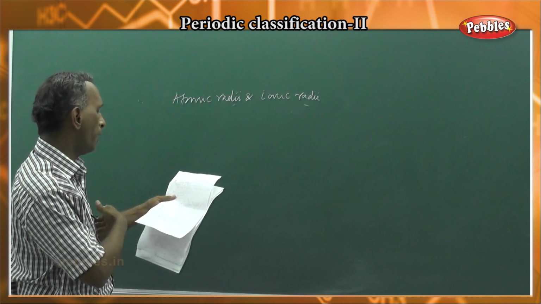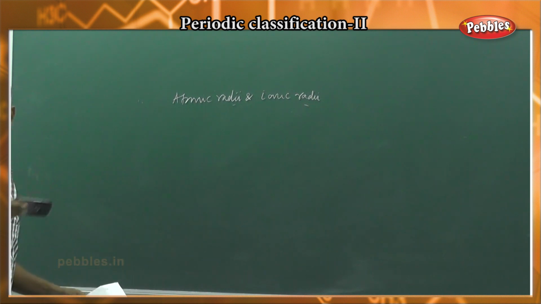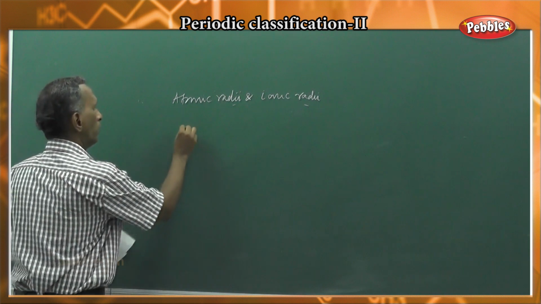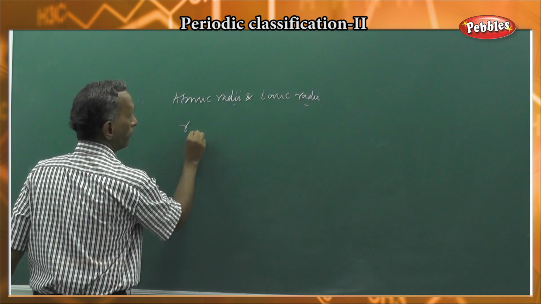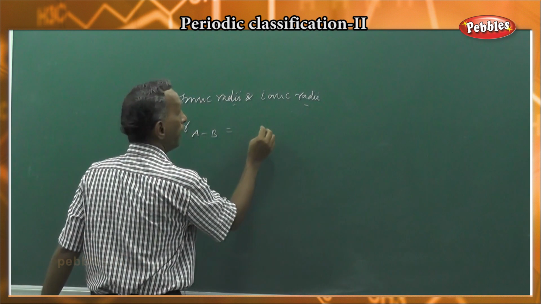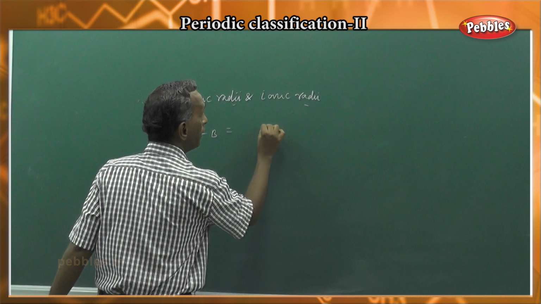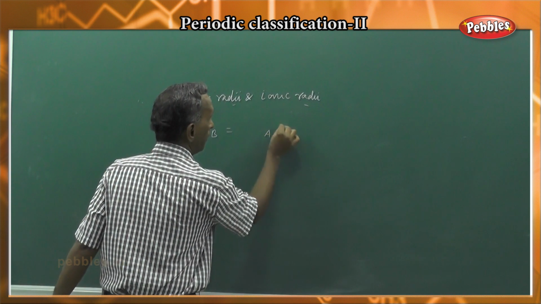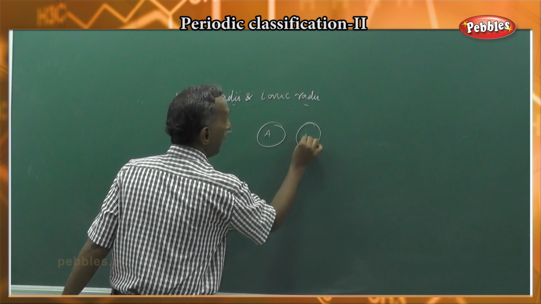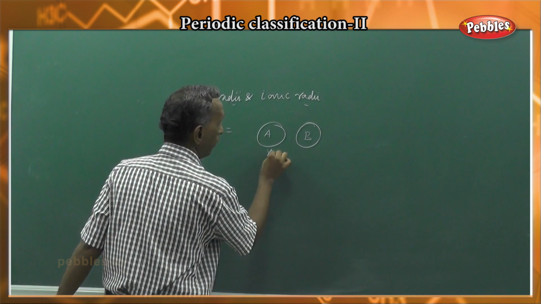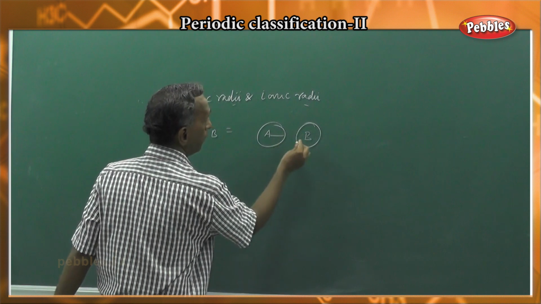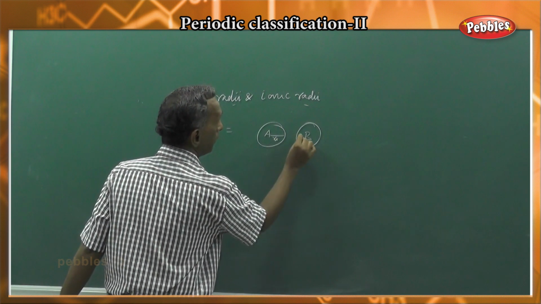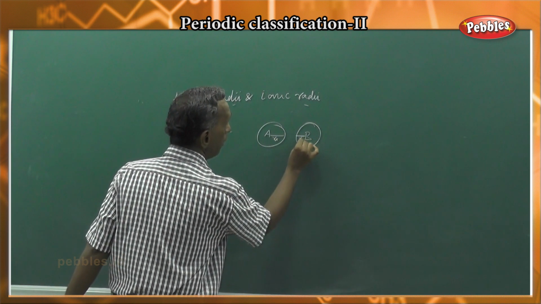Now we will see the calculation of atomic and molecular radii. The radius of a molecule A-B is defined as half of the distance between the nuclei of A and B. If you consider an atom A and atom B, the size of atom A, let us say RA, and the size or radius of atom B, RB.